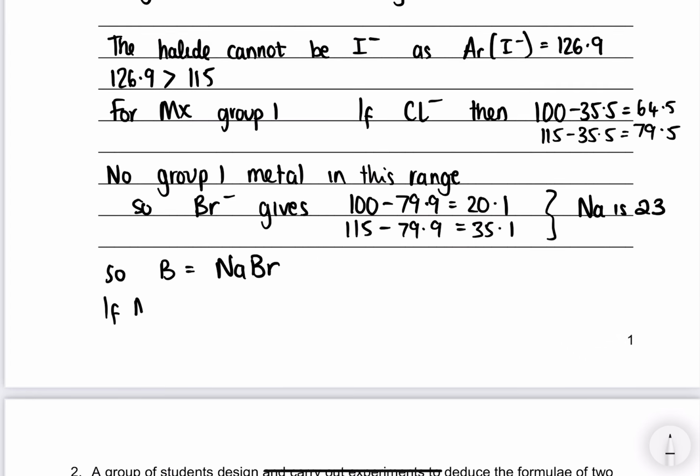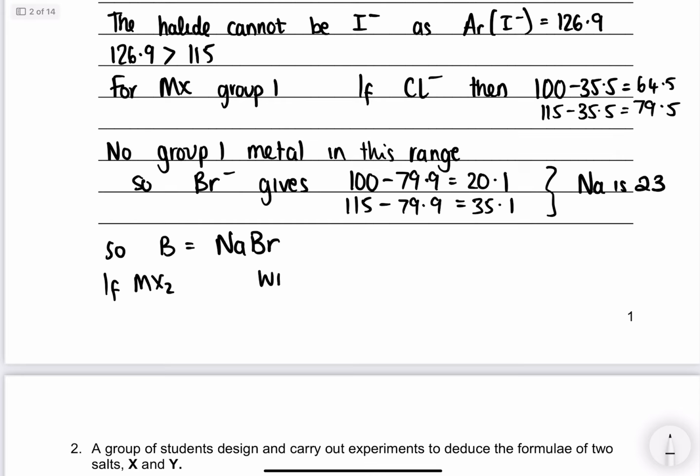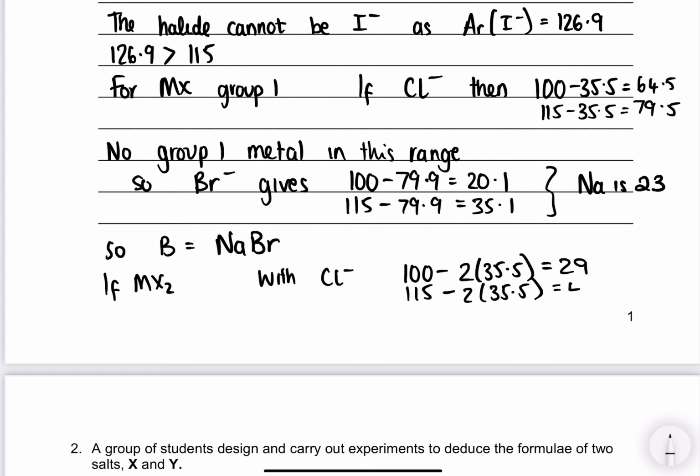Now to do the group 2, if MX2, then with Cl minus, we'd do 100 minus two 35.5s. That gives us 29 as the bottom Mr, and then 115 minus two 35.5s gives 44 at the top end.